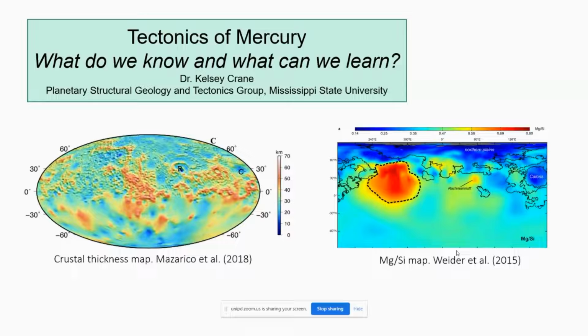I am Kelsey Crane, an assistant professor at Mississippi State University. My students and I make up the Planetary Structural and Tectonics group. Today we're going to talk about the tectonics of Mercury, broken into a few sections.